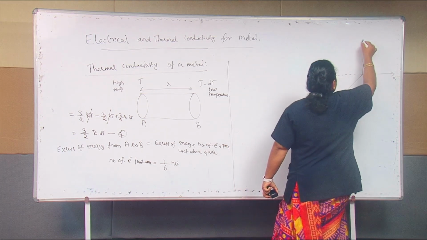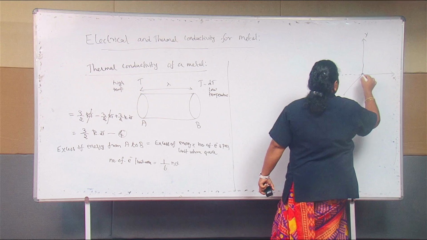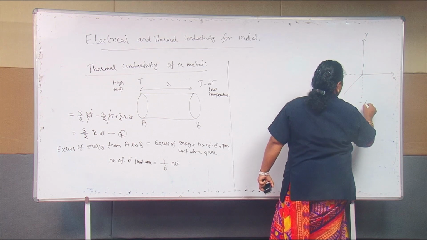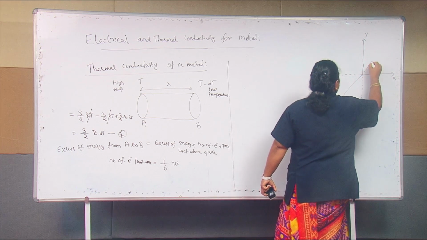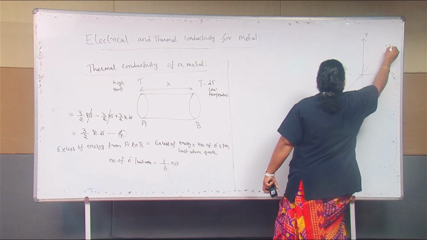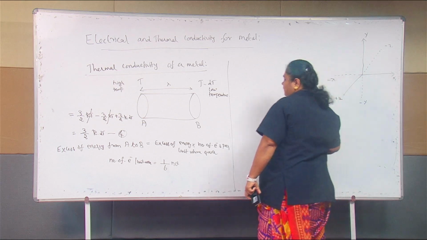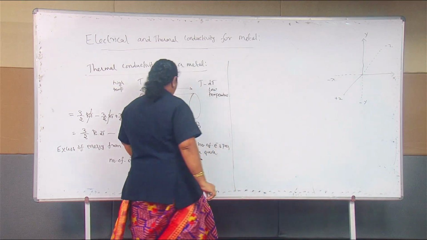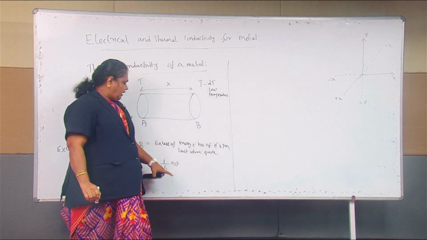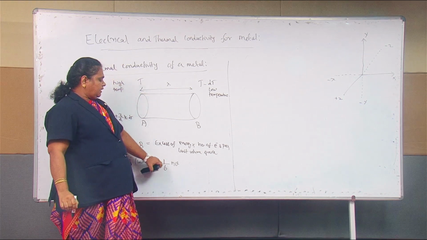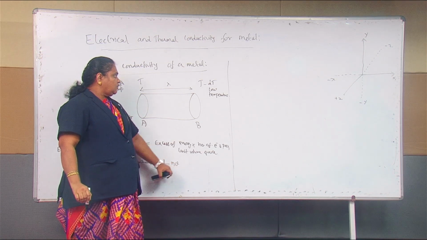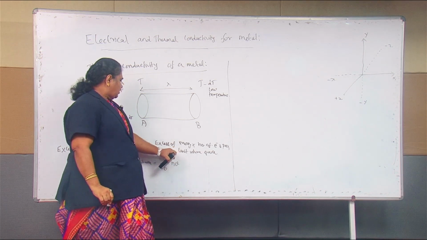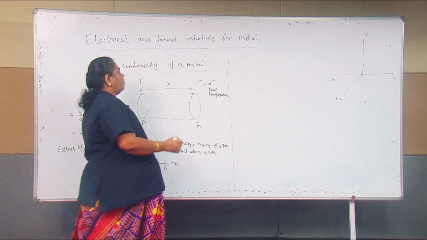Also for y, there is a positive y and a negative y, and a positive z direction and a negative z direction. Because of all the 6 directions, it can move anywhere. So in the expression 1 by 6 n, n represents the number of free electrons and V is the volume.